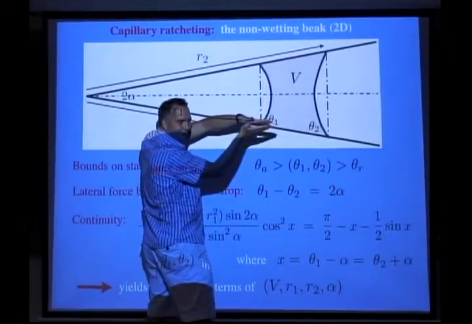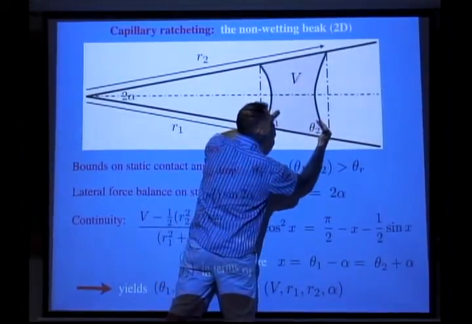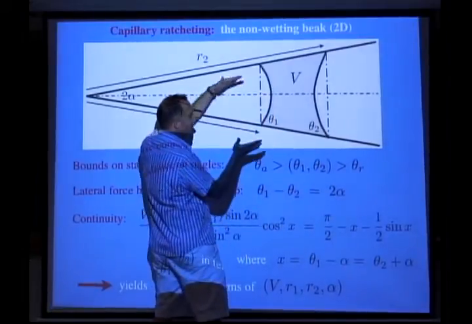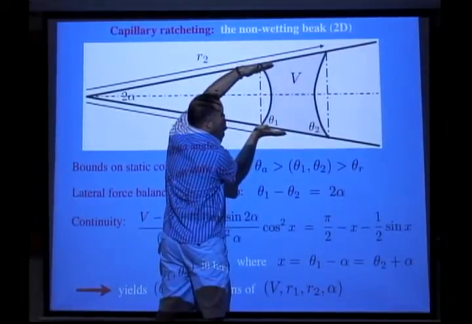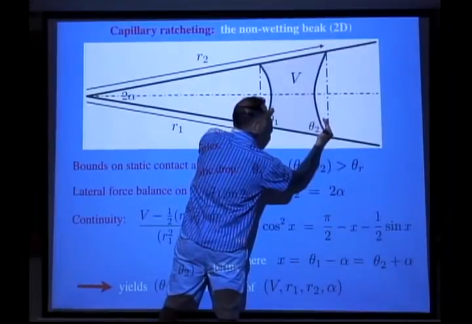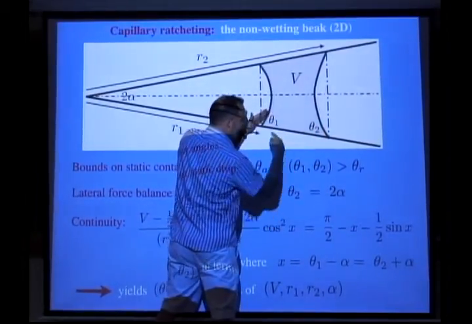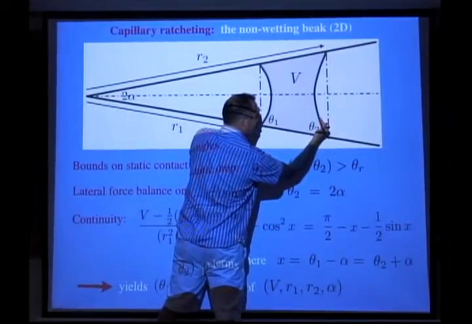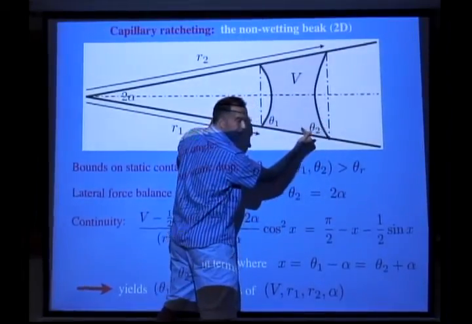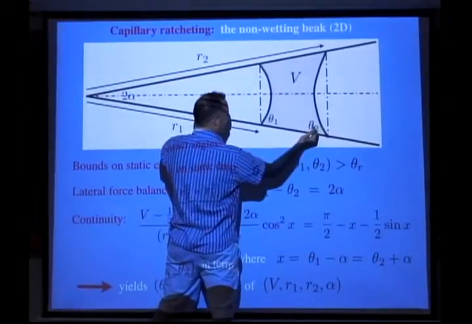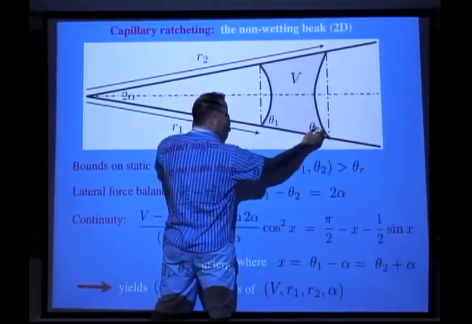Let's just be clear about this. As we close it for the first time, both of them are going to want to go like that, right? But this one, because of this constraint, hits the advancing angle first, so it starts moving before this one does. And so then you want to stop before this one starts moving.